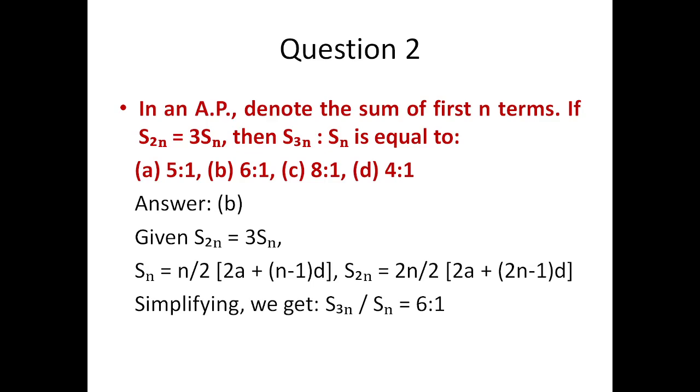Now you can solve it by the formula Sn = n by 2 into (2a plus (n minus 1) d). We can put these values for S2n and S3n and solve it, but we can use a short trick.